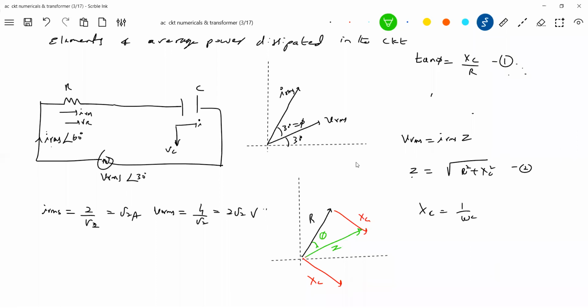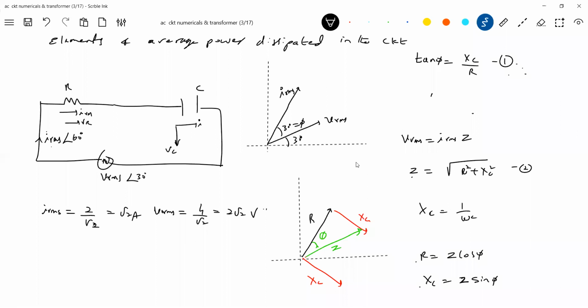What is the power factor of the circuit? Suppose if I give Z and phi, is it enough to find out R and XC? Please let me put it here only. So what is R? R should be equal to Z cos phi. Resolve Z. And in the same way, what is XC? Z sin phi. In exams, they just give only the impedance Z and the phase angle. From that, we'll get R and XC. And I'll give omega.